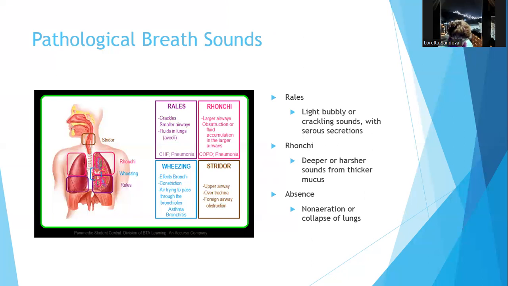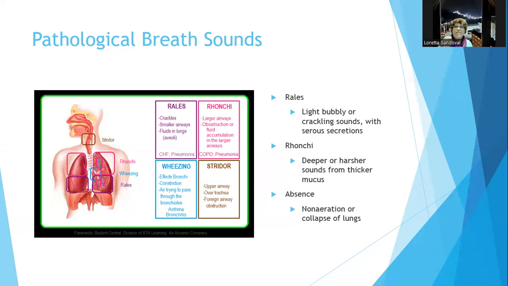Horrible stuff there. Stridor, which we talked about in the last section, is a high-pitched crowing noise, and it usually indicates an upper airway obstruction. The breath sounds may be abnormal or absent in respiratory disorders. Rales and rhonchi are abnormal sounds, and it has to do with excessive secretions in the lungs.